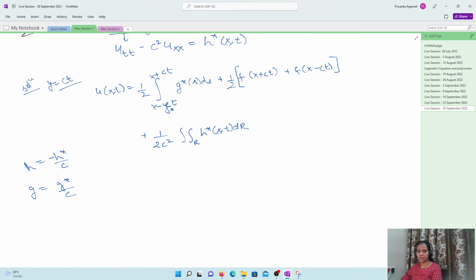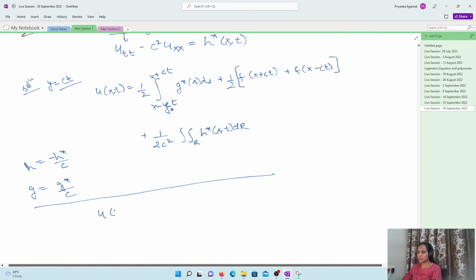So now we have to first substitute in this particular equation. So now our solution will be u(x, t) equals to 1 by 2.